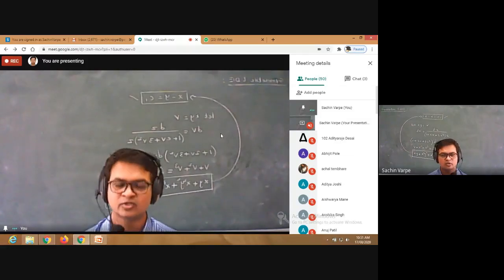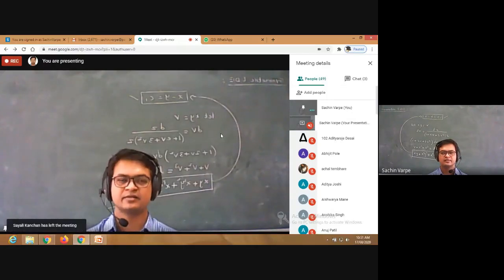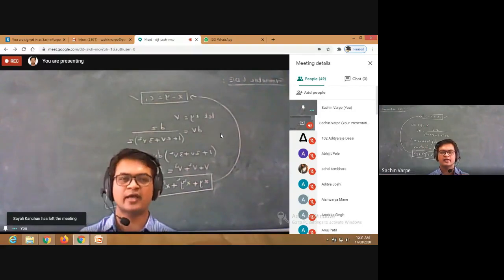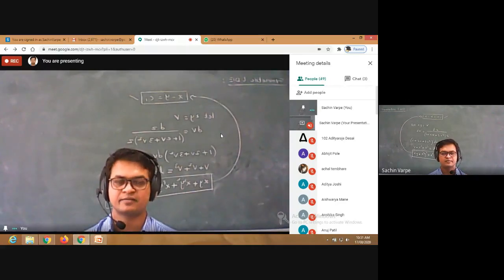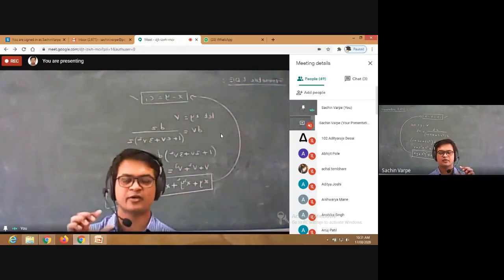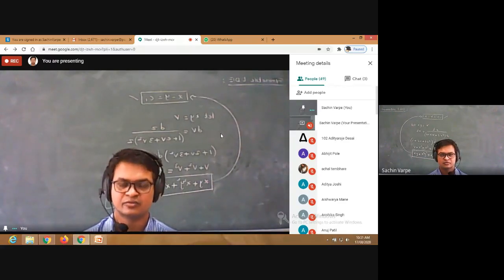So here Ohm's law says for the resistor, E is directly proportional to I. If we call the proportionality constant for the resistor capital R, then E is equal to IR is Ohm's law, the voltage drop across the resistor.